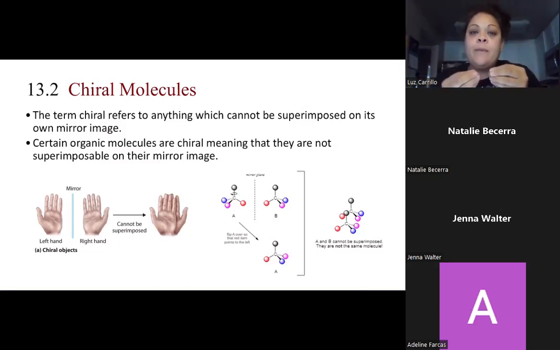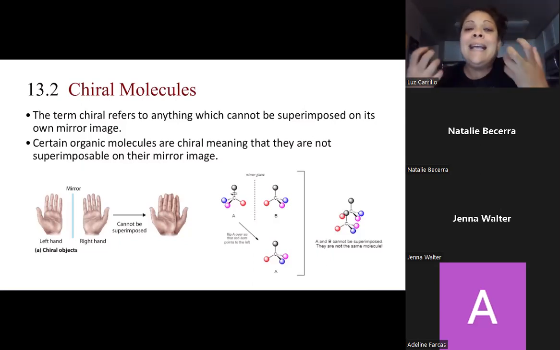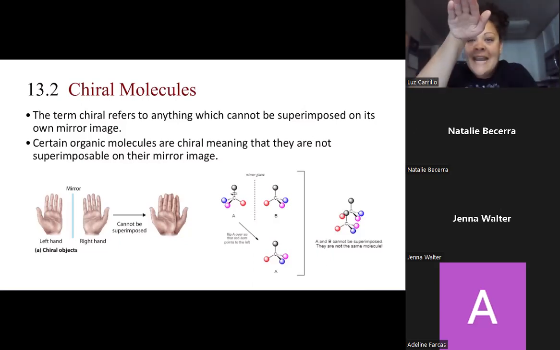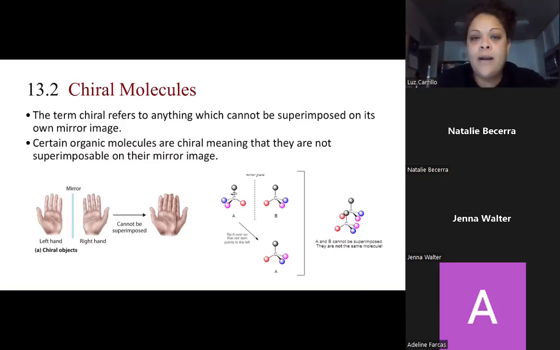That's why when we buy shoes, there is a right shoe and a left shoe. There are many objects around us that are chiral. On the other hand, socks are not chiral, even though they go on chiral objects like our feet. Shoes are chiral because those objects cannot be superimposed on one another.